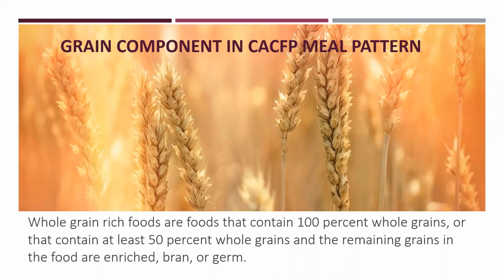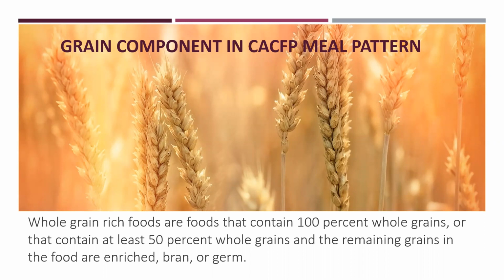Grain is another required component at breakfast, lunch, and supper, and optional at snack. At least 1 serving of grains per day must be whole grain rich. Whole grain rich foods are foods that contain 100% whole grains or contain at least 50% whole grains, and the remaining grains in the food are enriched, bran, or germ.